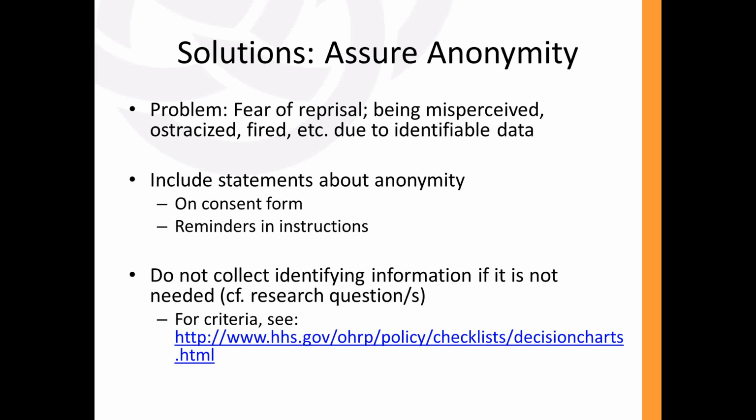And if you go to this website, if you're actually going to be watching this on YouTube, you can see the link there and you can click on it. So that is there for you. And those criteria will help you understand whether or not you actually need to collect that identifying information and have it be written down, or rather recorded.